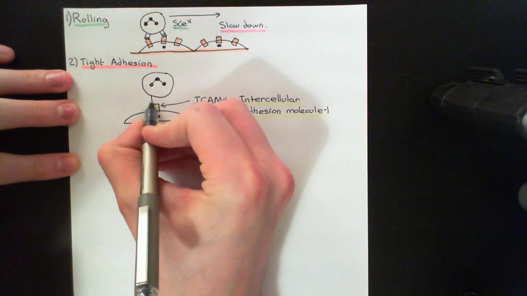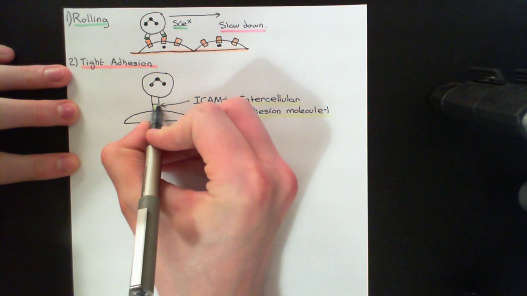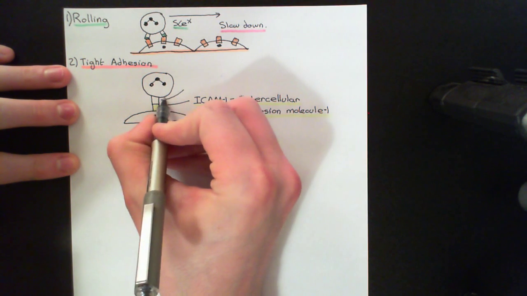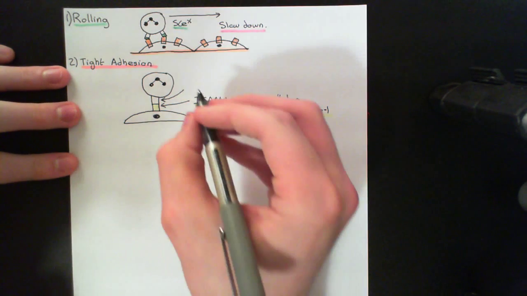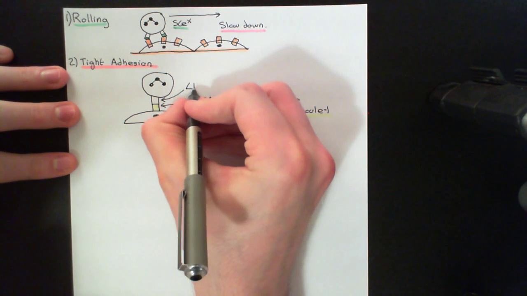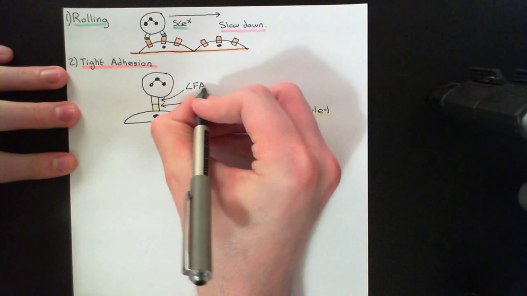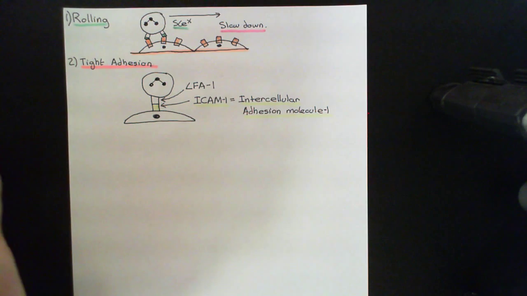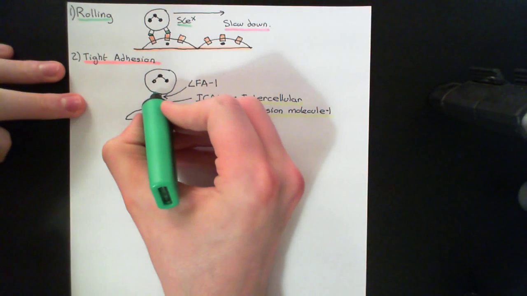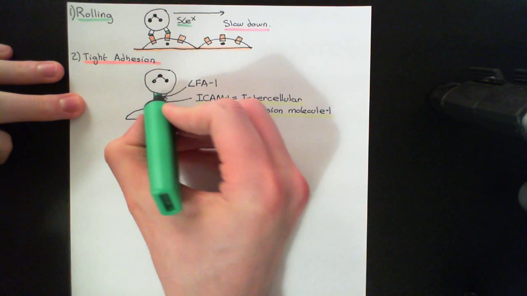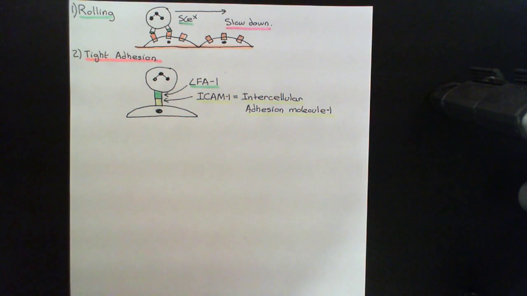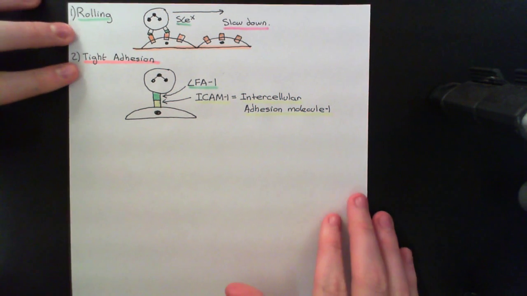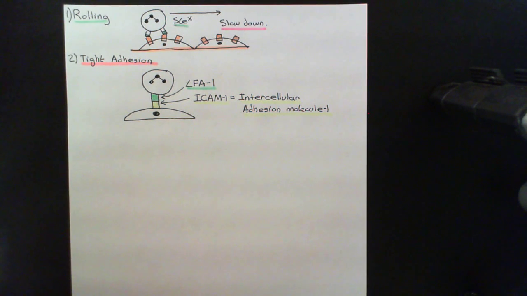So on the surface of the neutrophil you have an integral membrane protein by the name of LFA1, like so. So I'll colour LFA1 here in green. So the neutrophils have on their surface a protein called LFA1, and LFA1 binds to the intercellular adhesion molecule 1 on the surface of the endothelial cells.